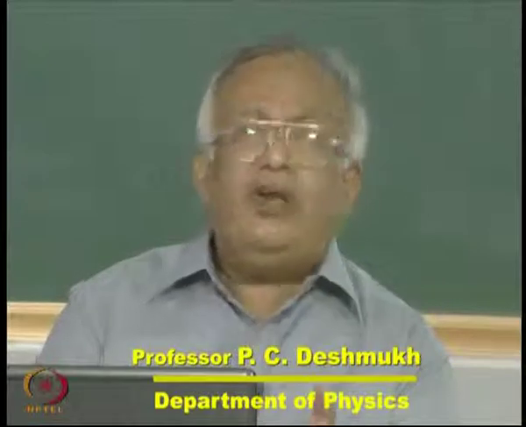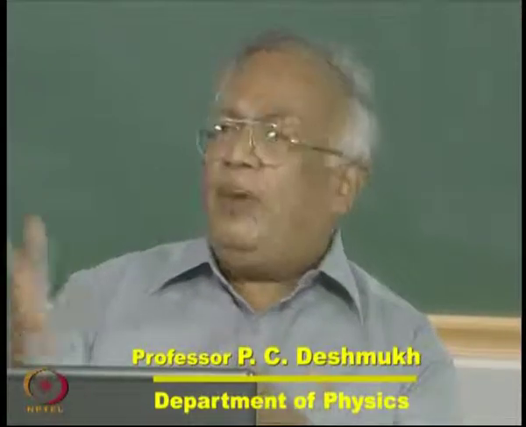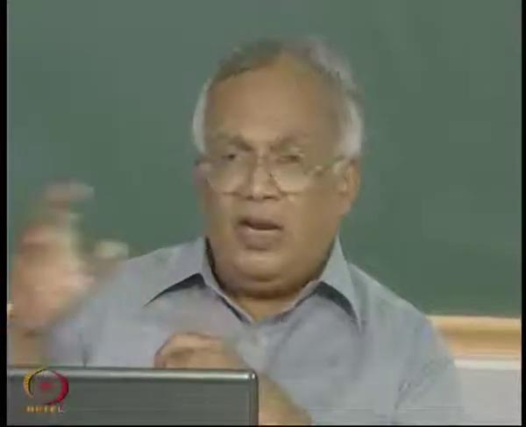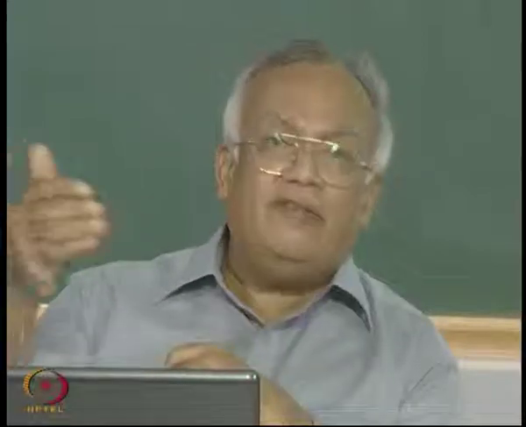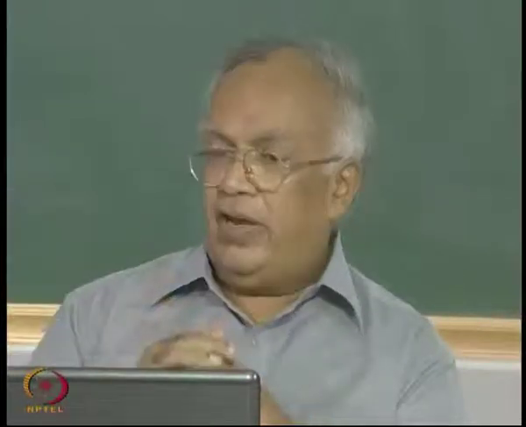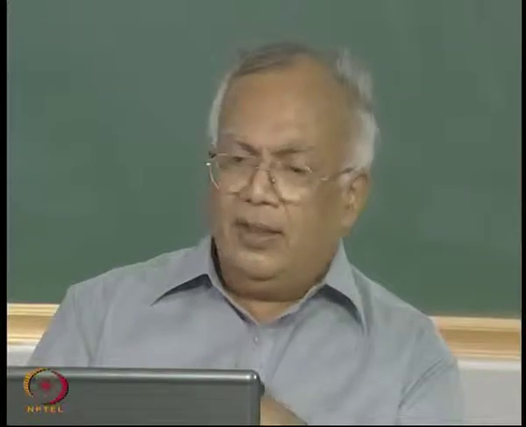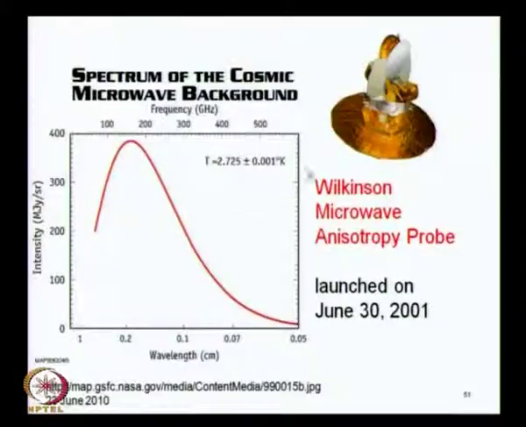The question I am going to raise here is, you want to measure this, you need a probe which will be sensitive to the microwave radiation, right. This is the 3 degree Kelvin radiation, it will be in this wavelength part of the electromagnetic spectrum. So you need some detectors, some sensors, and you need to keep the sensor somewhere.